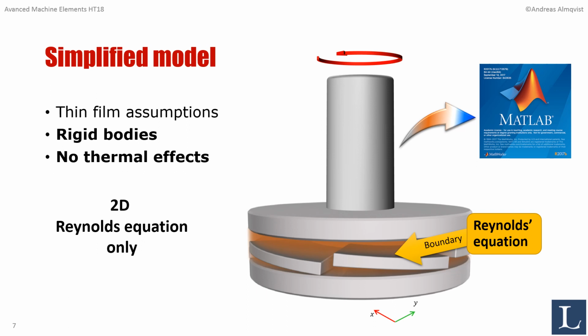And if also you can assume that the thermal effects have negligible influence, then you have to solve the Reynolds equation only. And what we'll see in the next couple of slides is a model which is based on the Reynolds equation for this type of situation.